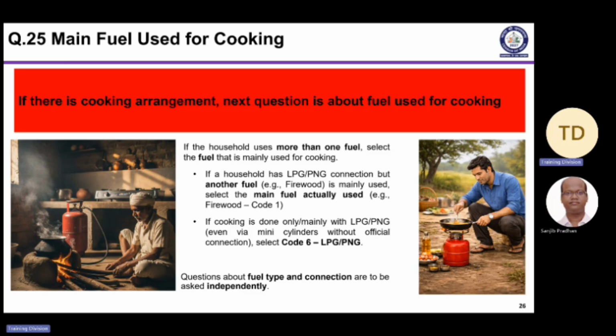Next, if cooking is done only or mainly with LPG, even without an official connection, that can be with a mini cylinder which does not need any connection, or the household may be using someone else's connection. It can happen that even if they do not have a connection, they are using LPG. You have to highlight that.